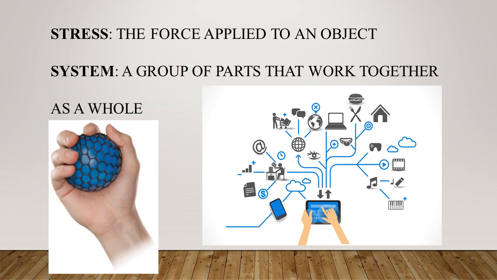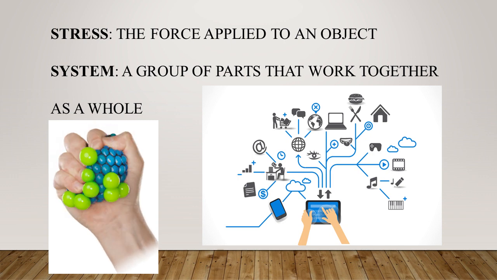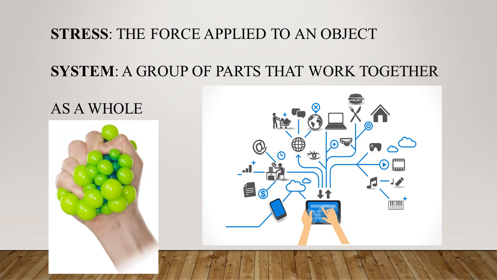Next, a system. A system is a group of parts that work together as a whole. All right? So you can think about the system like the internet, okay? Where you've got different parts working together as one.